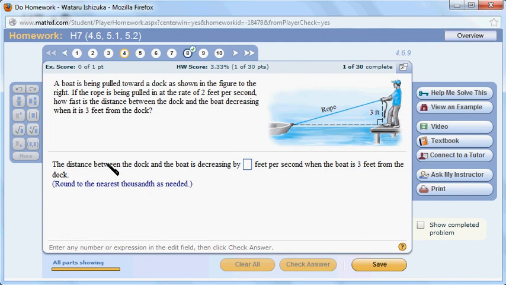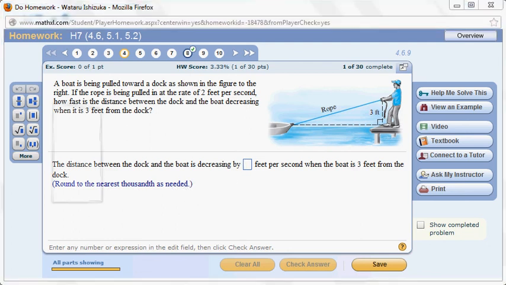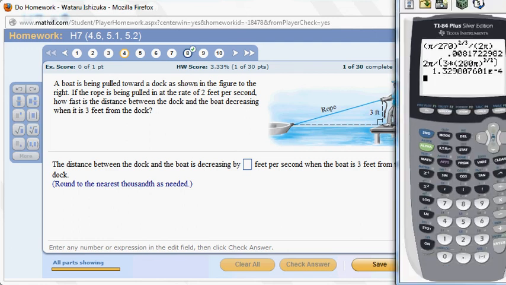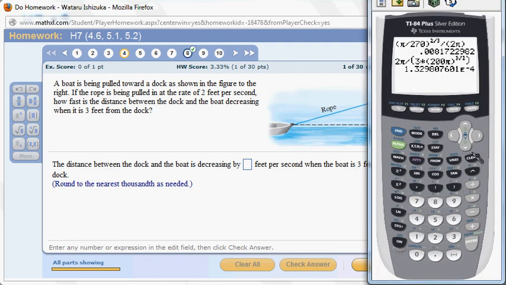Now let's type it in. It says the distance between the dock and the boat is decreasing, so the word decreasing takes care of the negative sign. The answer needs to be rounded to the nearest thousandth. So it's 2 times the square root of 2, which is equal to 2.828.